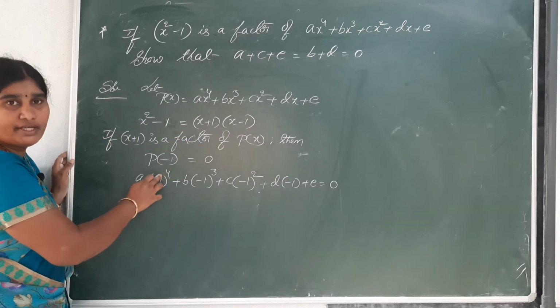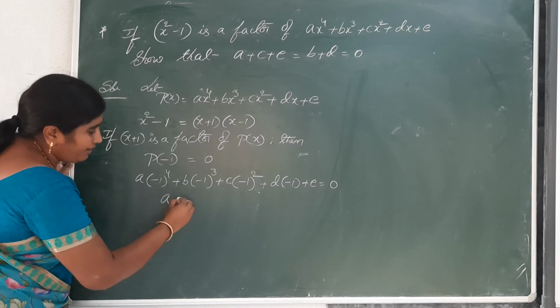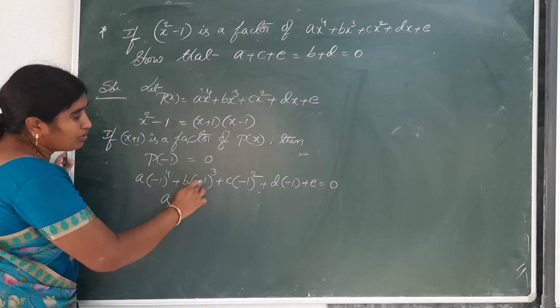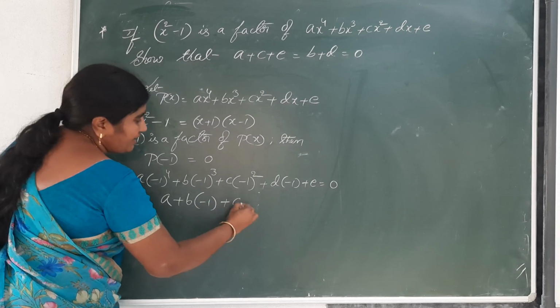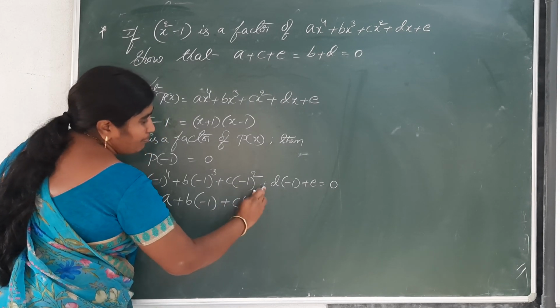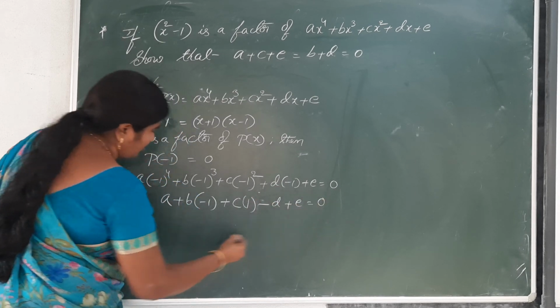Minus 1 whole power 4 is 1, a into 1 equal to a, plus b into minus 1 whole cube is minus b, plus c into minus 1 whole square is c, plus d into minus 1 is minus d, plus e equal to 0.